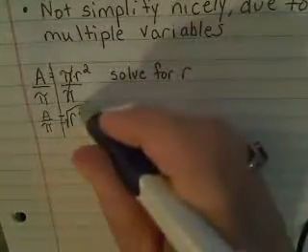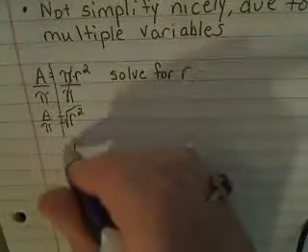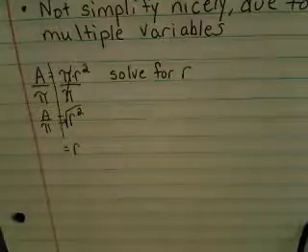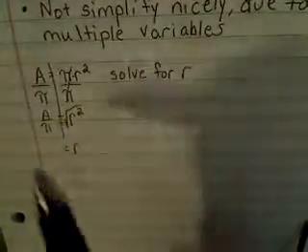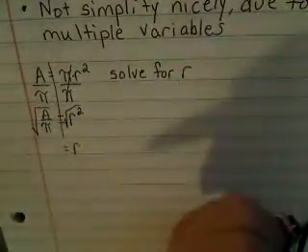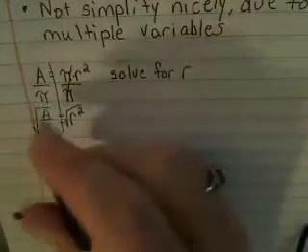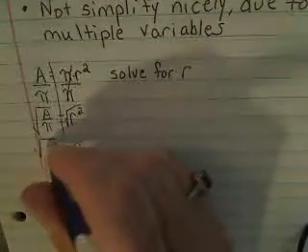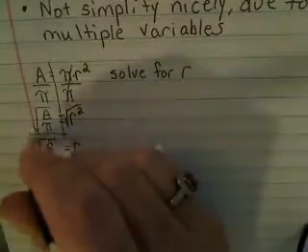The square root of r squared is just r. But if you're going to do the square root of this side, you're going to have to do the square root of this entire side over here. So therefore, your answer is the square root of a over pi. That is your answer.